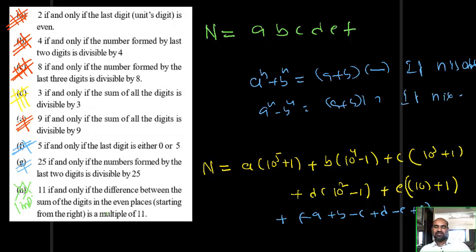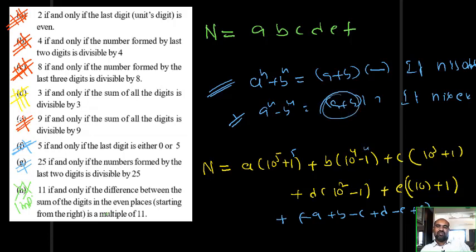This rule I am using here. 10 power 5 plus 1 power 5 is divisible by 10 plus 1, that is 11. I want to make a rule of 11, and that's why 10 power 5 plus 1 power 5 gives a multiple of 11 only. 10 power 5 minus 1 power 5, I can't say that it gives a multiple of 11. That's why I grouped a into 10 power 5 plus a. Now here 10 power 4 minus 1 power 4.